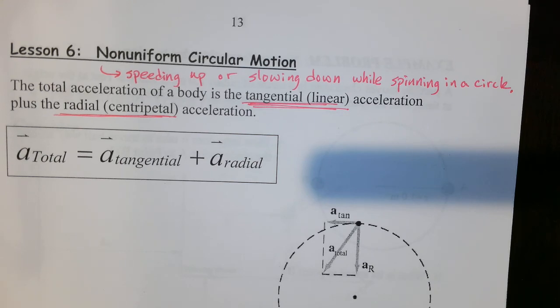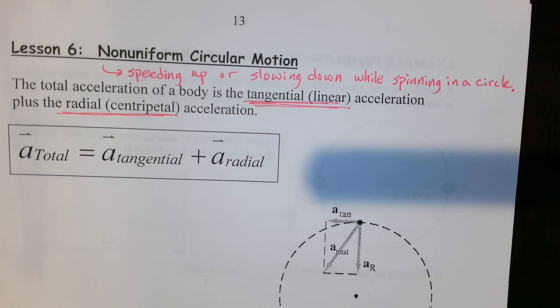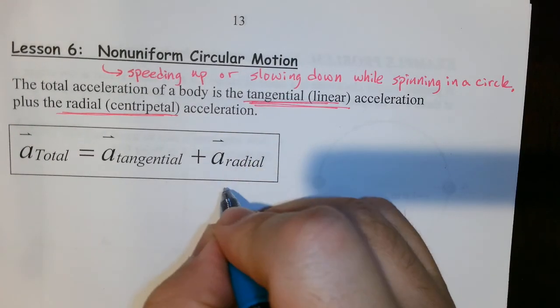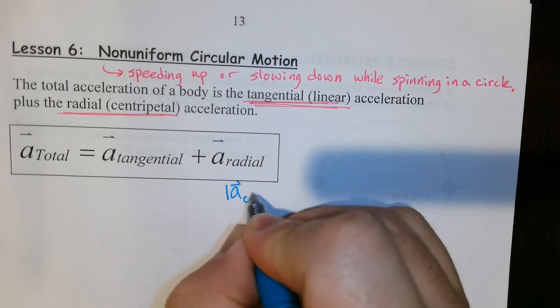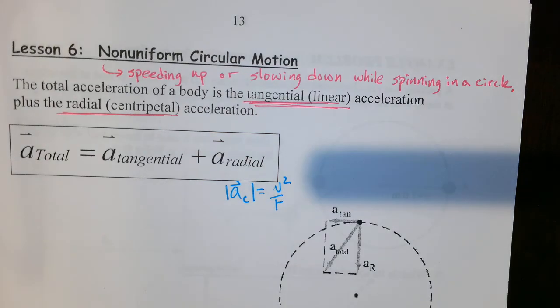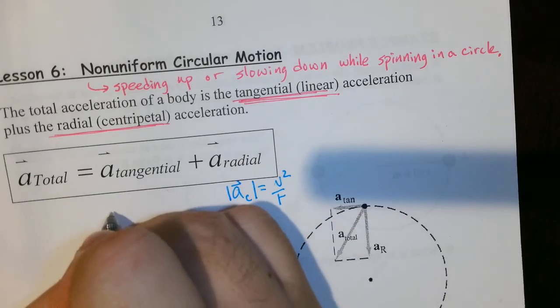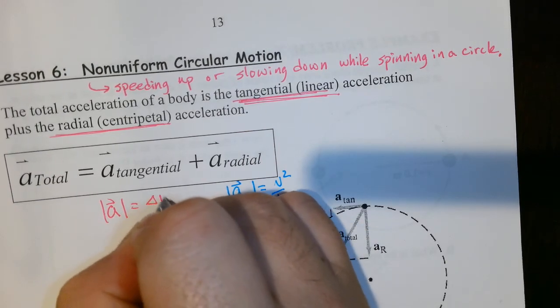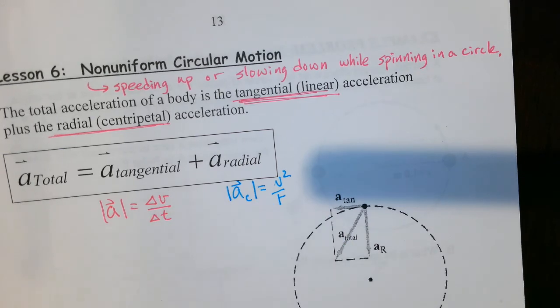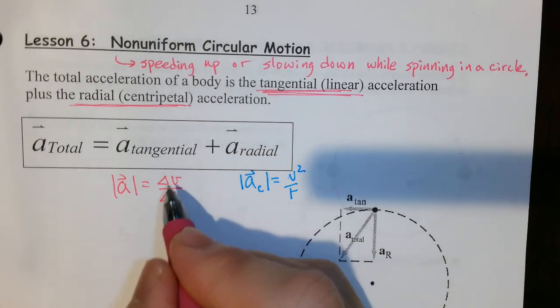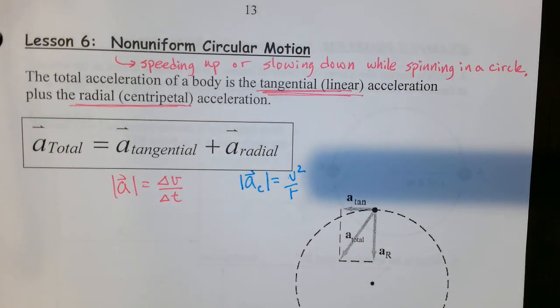So a radial, we already know how to calculate the magnitude of that. a radial is basically a sub c, and that is v squared over r. a tangential is acceleration that we already know, and that is the change in speed over change in time. Direction obviously is going to be all messed up, so we're only working with the magnitude of the speed or the velocity here.